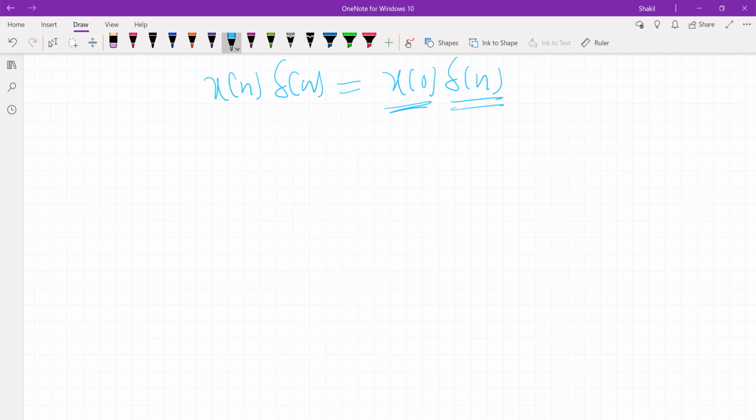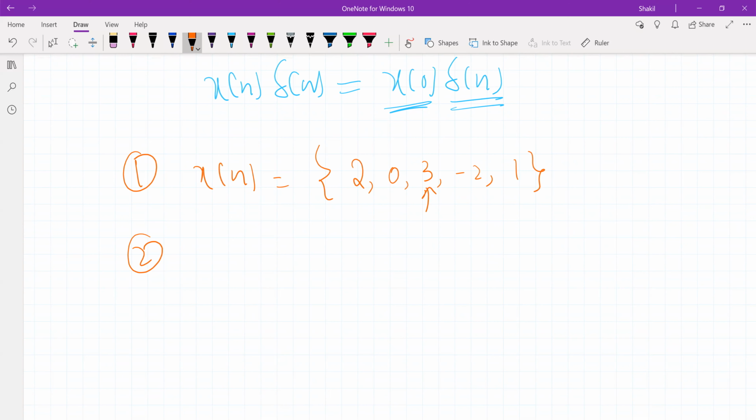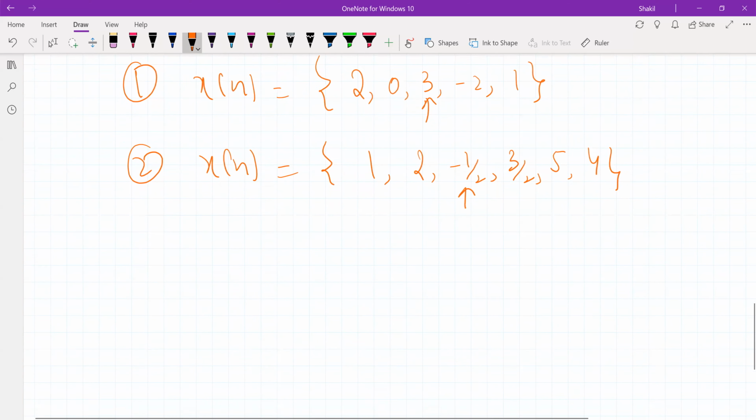Now, here are some assignments for you. Please follow these yourself. Let's suppose the values are 2, 0, 3, minus 2, 1. So this is our sequence. Next, 1, 2, minus 1 by 2, 3 by 2, 5 and 4, and let's suppose this is the origin.